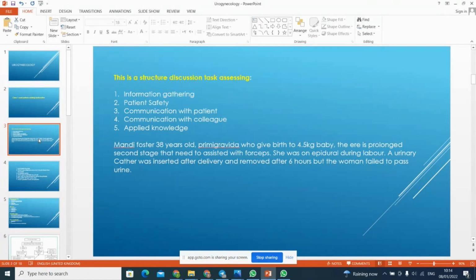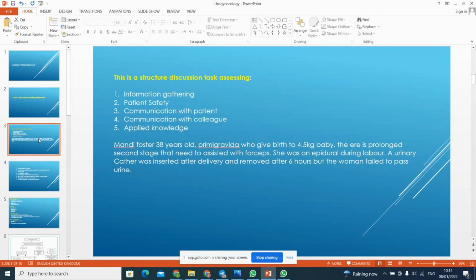In this case, if this woman is not able to pass urine even after 1 week, then we will manage her in a multidisciplinary team, which will consist of the urogynecologist, and we may also require the opinion of a neurologist, because postpartum voiding dysfunction can be due to atonic bladder, and the atonic bladder can be due to probable nerve damage during the delivery, the prolonged second stage and the forceps delivery, and there can also be some problem with the perineal muscles.